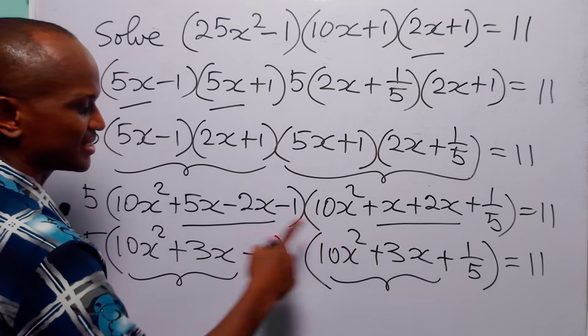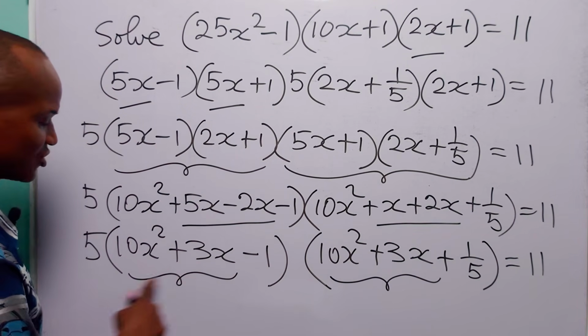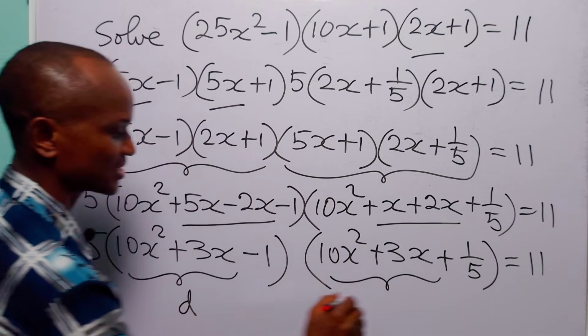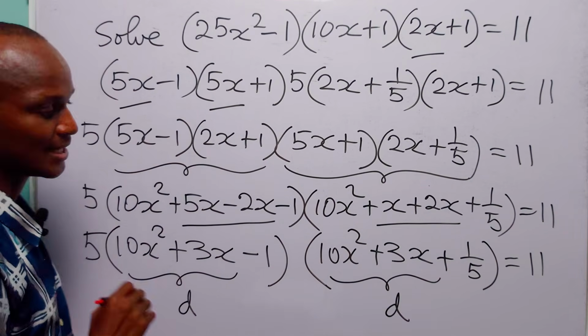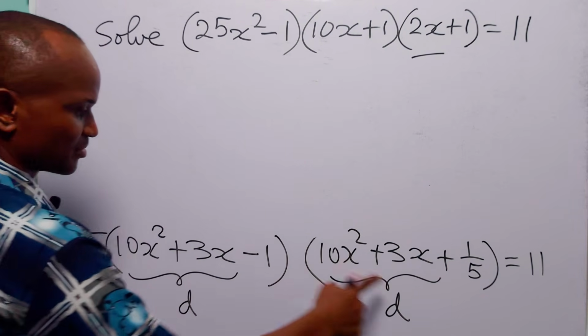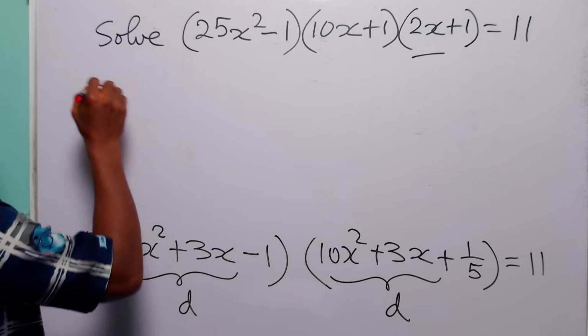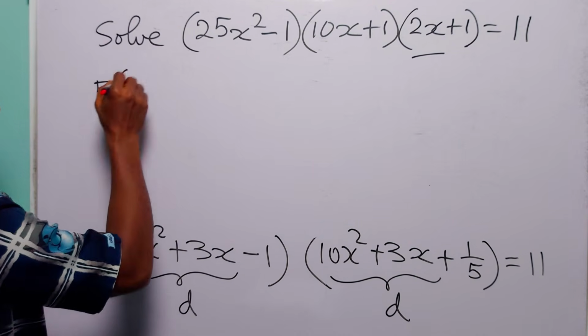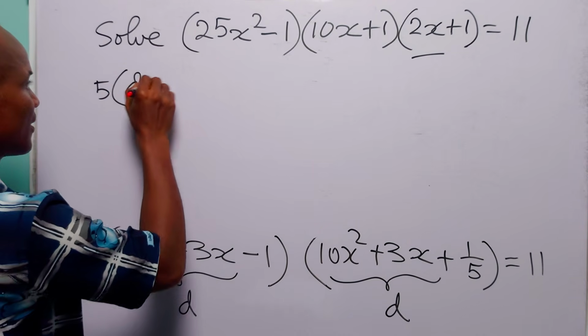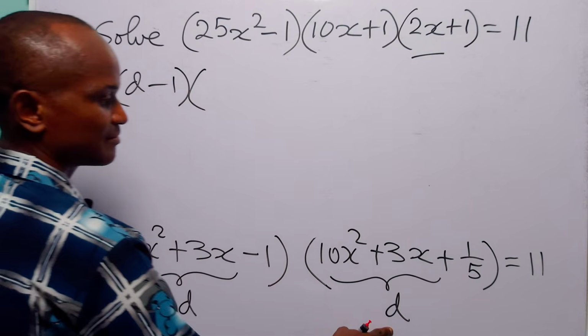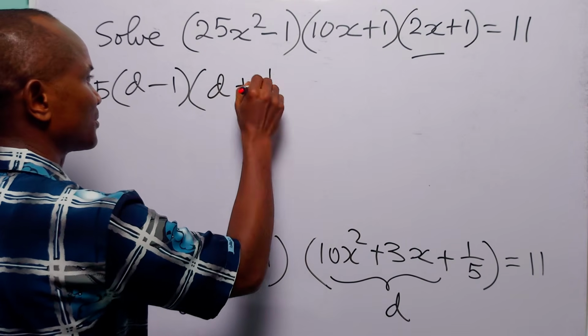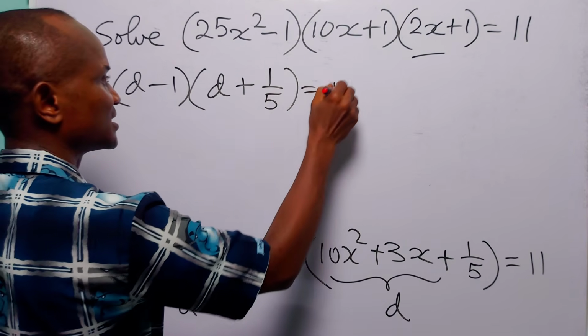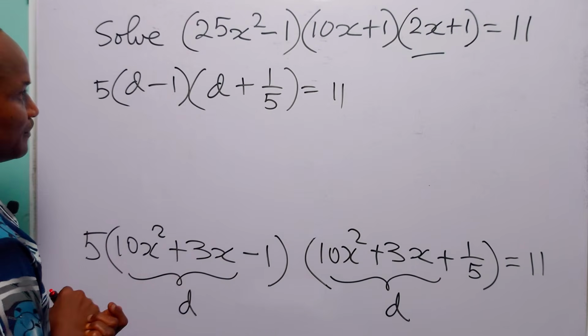So to simplify this equation, let us do a substitution. Let 10x squared plus 3x be equal to the letter D. And with this substitution, we can now write the equation as 5 times (D minus 1) times (D plus 1 over 5) is equal to 11.